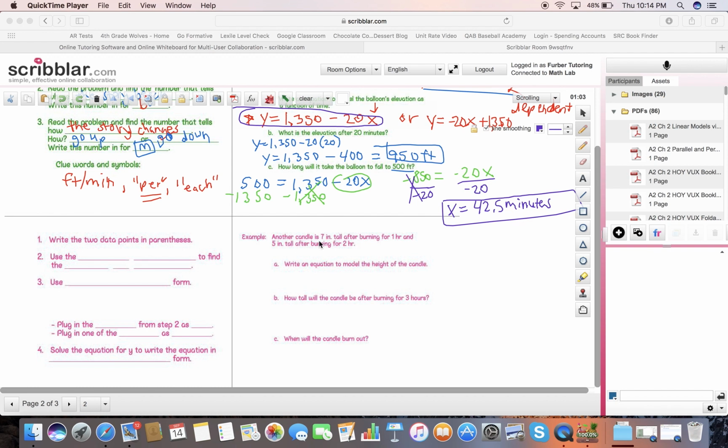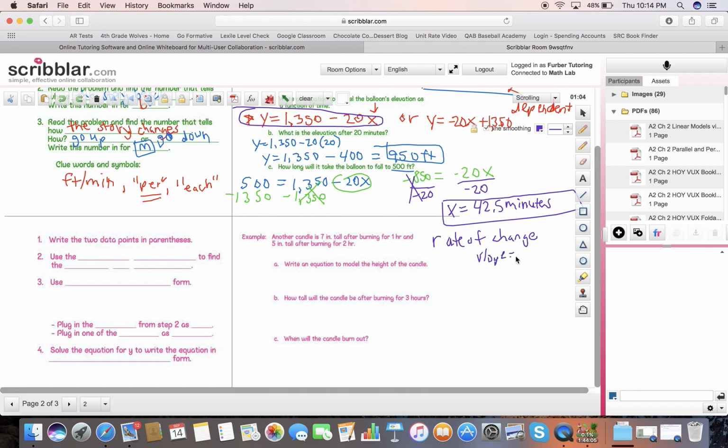Well, you could probably see it went down 2 inches. So you probably could already guess that the rate of change, or the slope, is probably -2, right? But sometimes the numbers won't work out so nicely. So we're going to confirm that we are correct by using the slope formula.